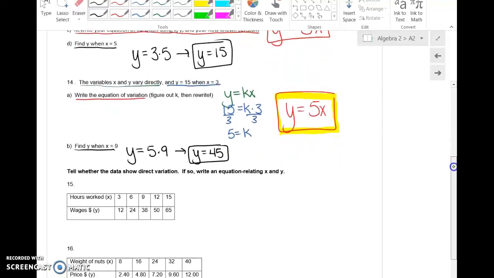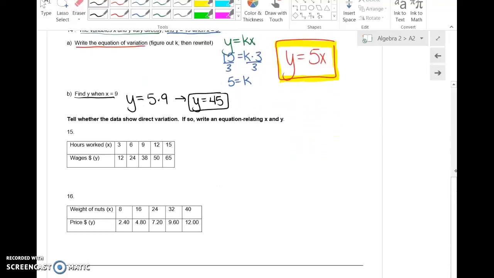The other way that you might see direct variation is you'll see a table of values and it will say tell whether the data shown is direct variation. If it is direct variation, write an equation relating x and y. So what we need to think about is y equals kx, right? Let's solve this for k.